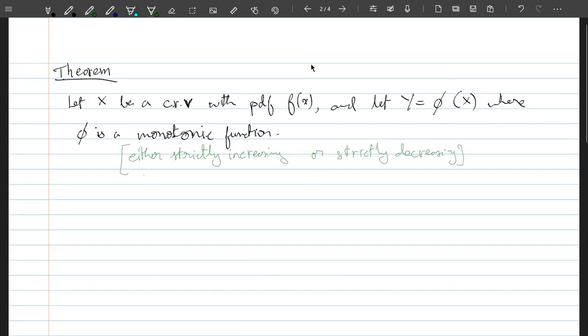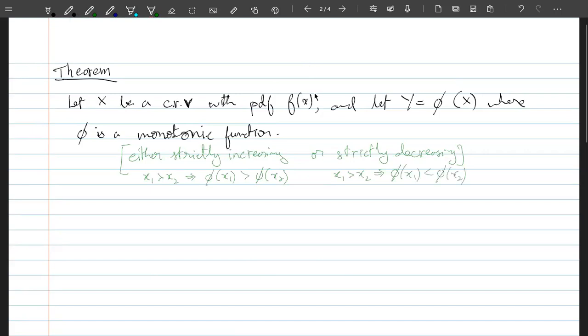Strictly increasing means if x1 is greater than x2, then phi of x1 is strictly greater than phi of x2. And strictly decreasing is the opposite. If x1 is greater than x2, then phi of x1 is strictly less than phi of x2.